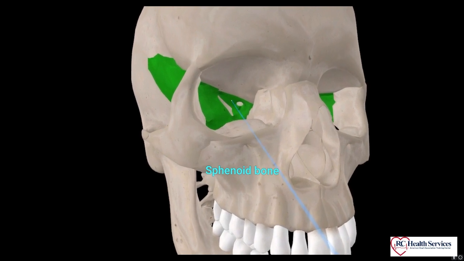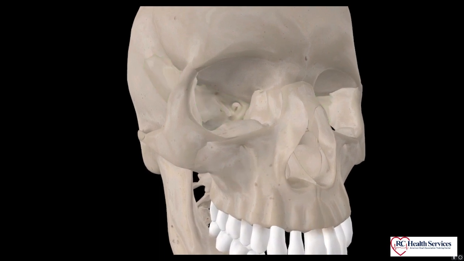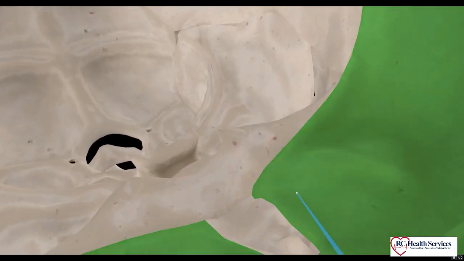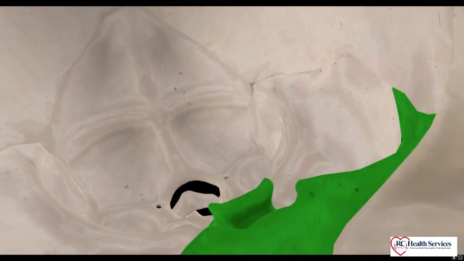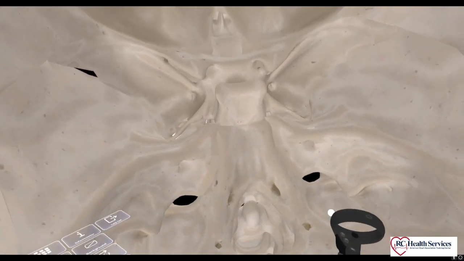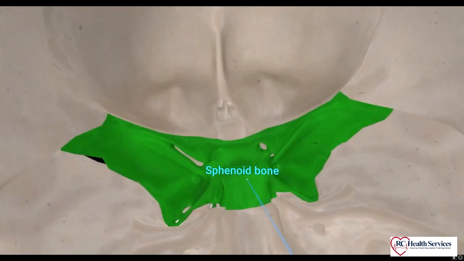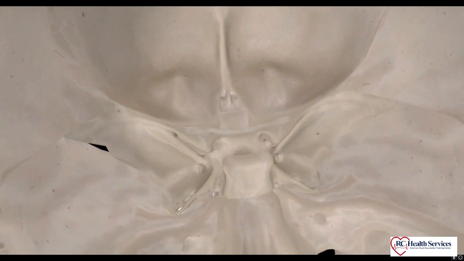Sphenoid is another portion of the cranium, just lower down. And here we have the sphenoid bone.